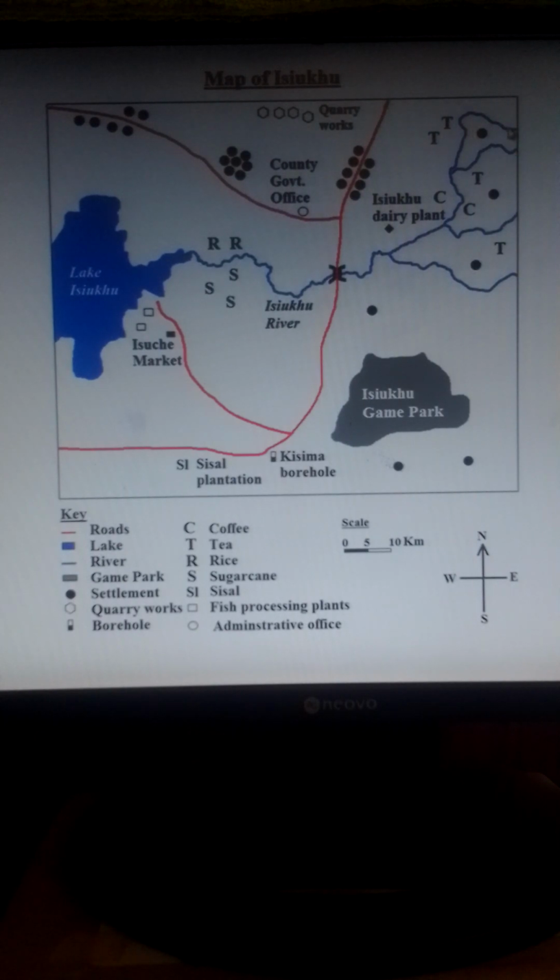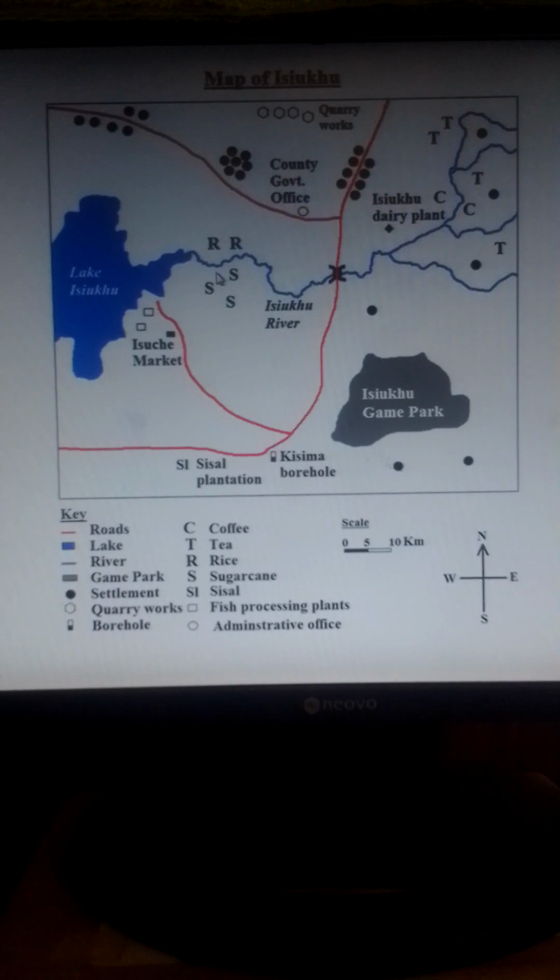That means that the source of the river is in this region, and the river is flowing in this direction. It is flowing from the east to the west into this lake. So you can tell the slope of the land by looking at the direction of the flow of the river. So the land is sloping from east to the west.